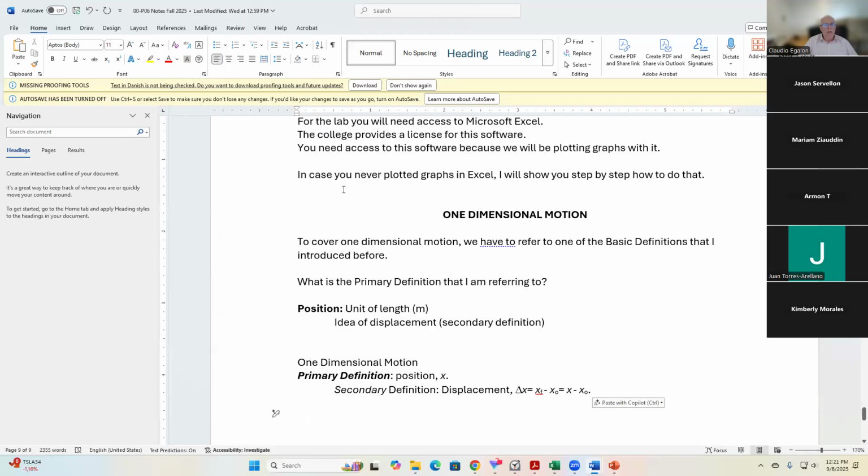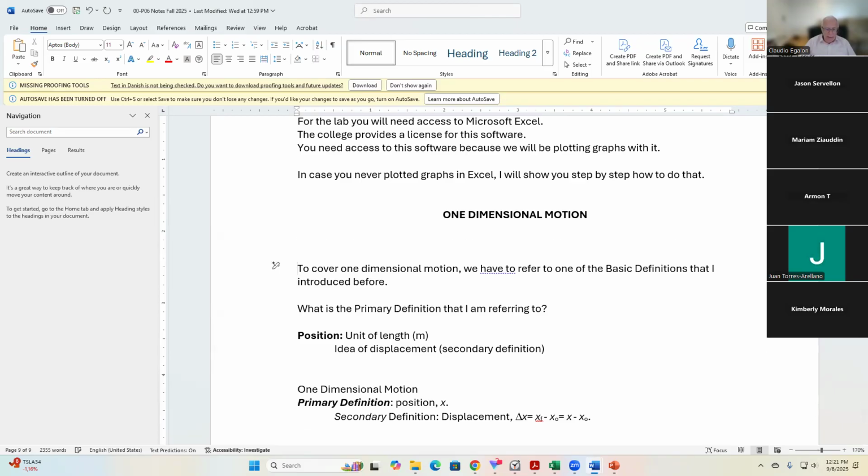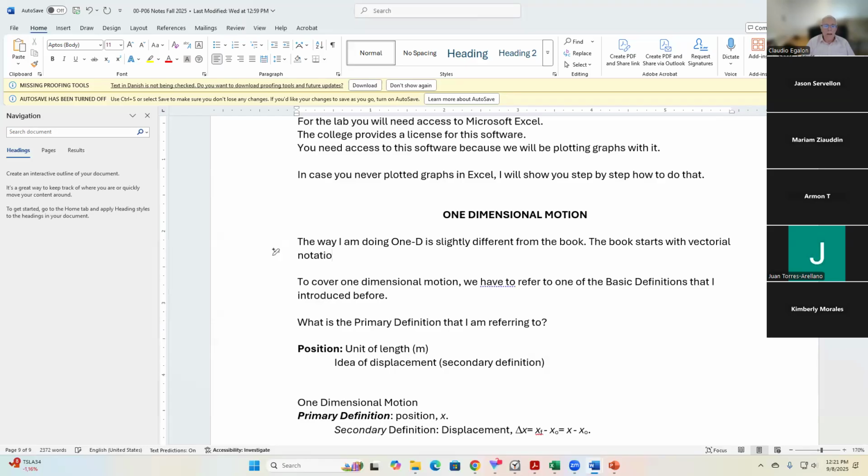The way I'm doing one-dimensional motion is slightly different from the book. The book starts with vectorial notation right from the bat.